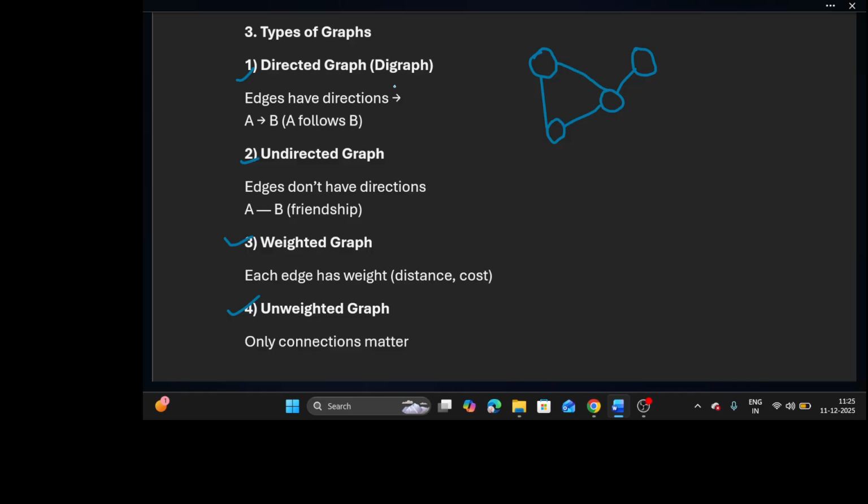So directed graph means there is a direction. Edges have direction, like a one-way road.